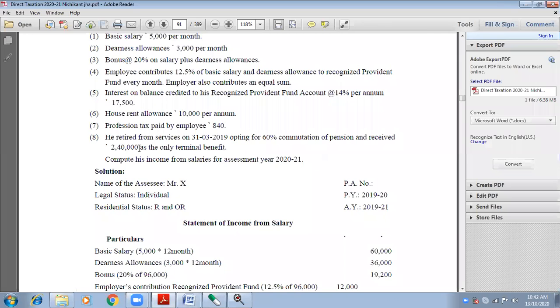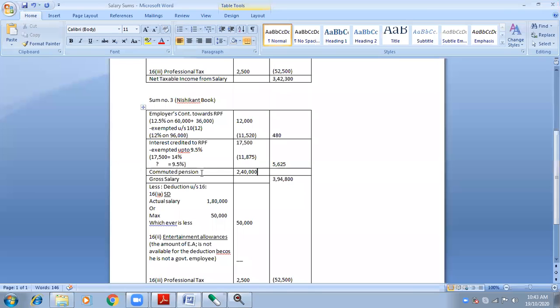This 60 percentage is also very important. 60 percentage commutation of pension and received 2,40,000 as only terminal benefit. So receiving 2,40,000 rupees as a commuted pension is already given in the question. So 2,40,000 he receives.